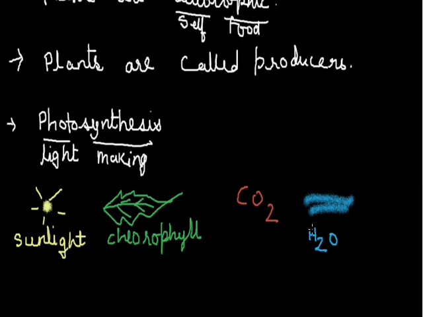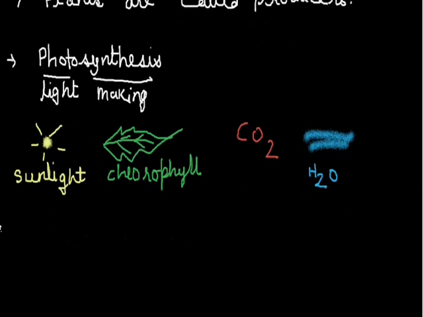If we want to write a definition, we can say the process by which green plants utilize sunlight and CO2 and prepare their food with the help of chlorophyll is called photosynthesis.